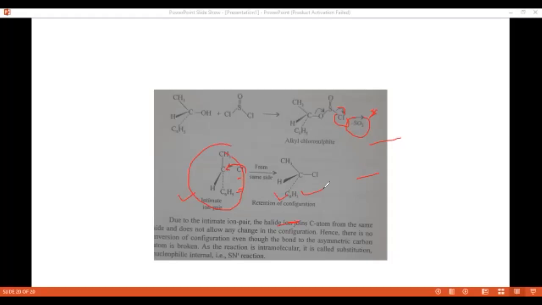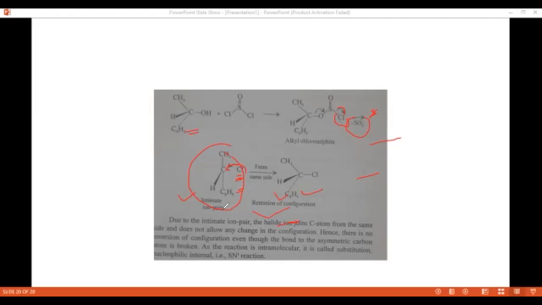This forms the alkyl chloride having the same configuration as the chiral alcohol. The chloride ion attacks from the same side, not the back side, so retention of configuration is possible.